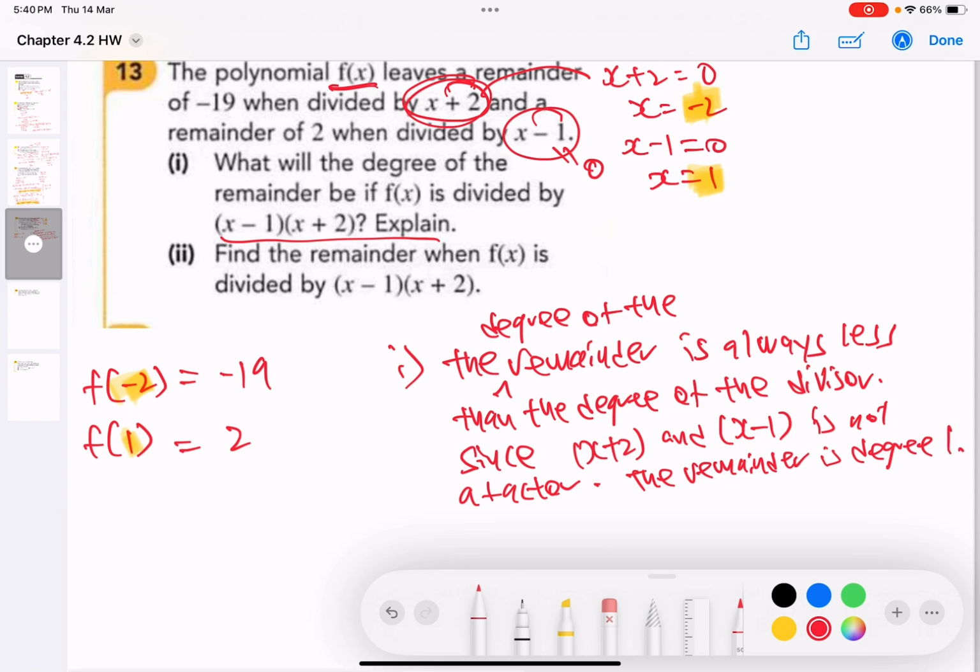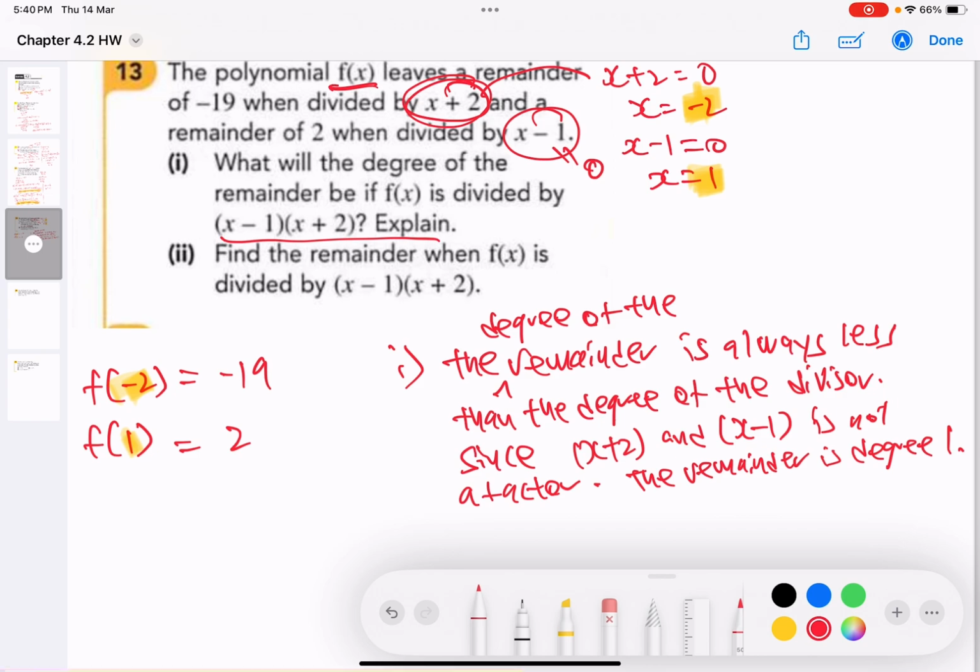The remainder could be degree 0, which is basically a constant, or it could be degree 1. In this case, because x plus 2 and x minus 1 are not factors, you cannot get a remainder that is 0, so we know that the remainder has to be degree 1.